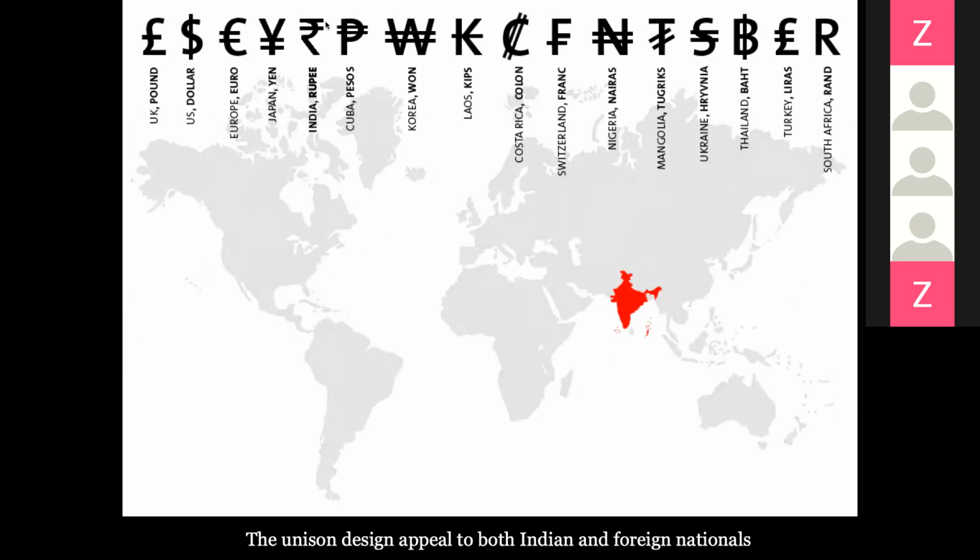Here you can very clearly see there are a lot of commonalities across all these symbols. One commonality is that a letter is cut across by a line, either one line or two lines, and that could be horizontal, vertical or diagonal.